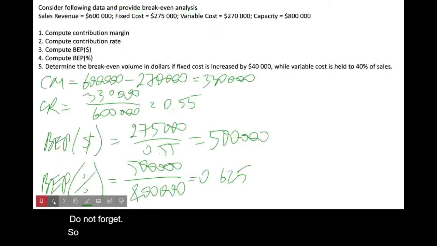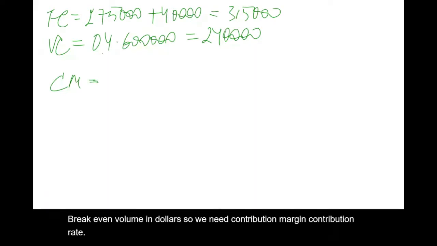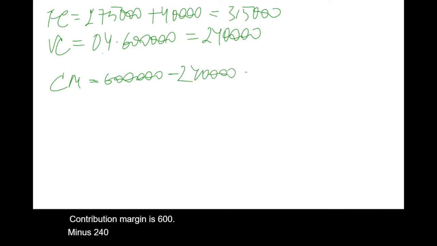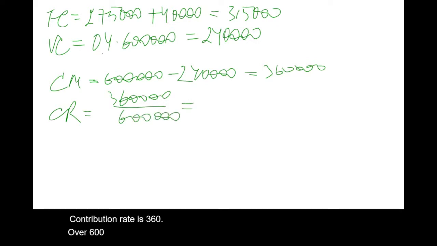So what do they want? Break-even volume in dollars. So we need contribution margin and contribution rate. Contribution margin is 600 minus 240, so it's 360, right? Contribution rate is 360 over 600. That's 60%, I believe.